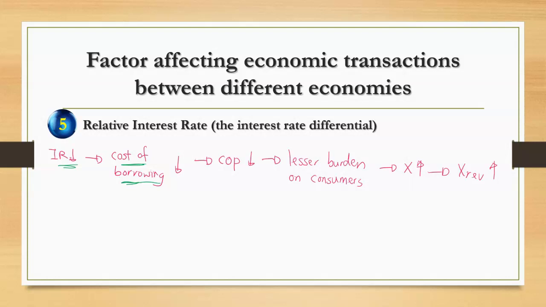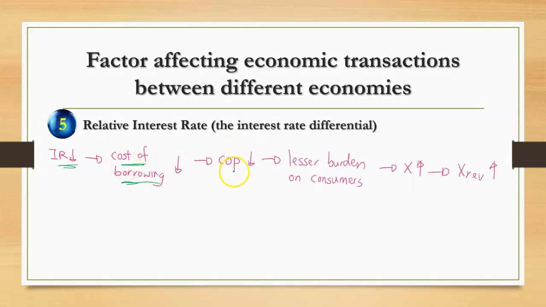When Australian businesses borrow money from the bank to invest, to start a business, to expand business, and the interest rate is lower, then of course our cost of borrowing will be lower.